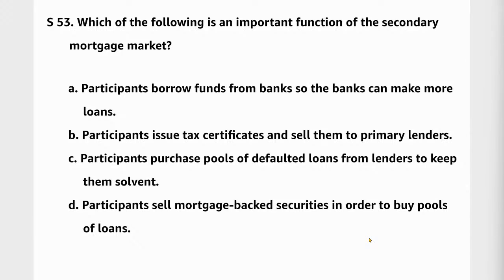By selling securities, the secondary market brings investor money into the mortgage market. By purchasing loans from primary lenders, the secondary market returns funds to the primary lenders, thereby enabling the primary lenders to originate more mortgage loans.